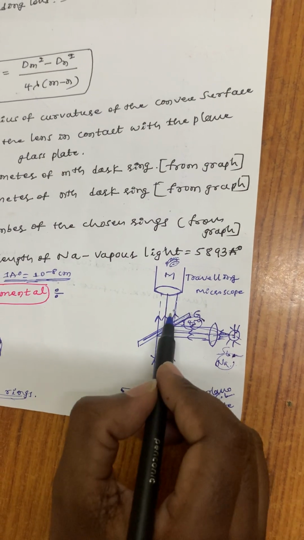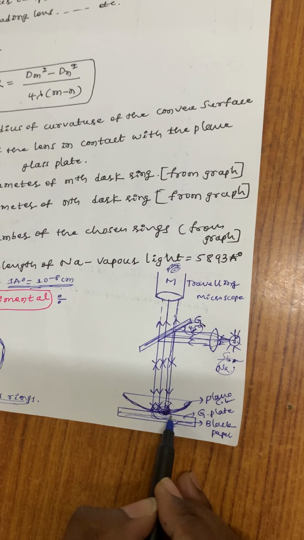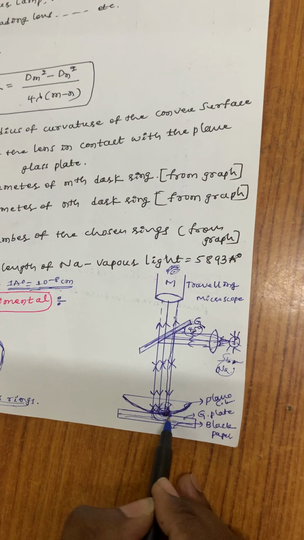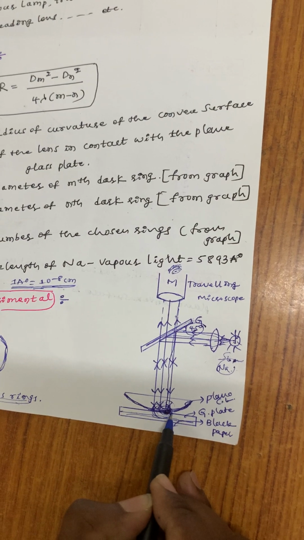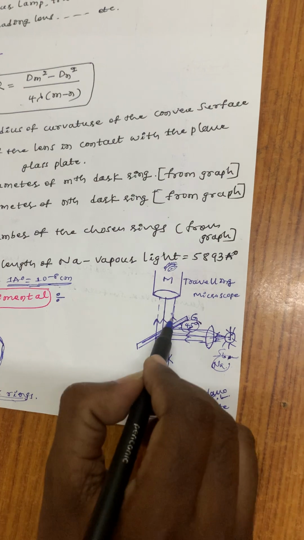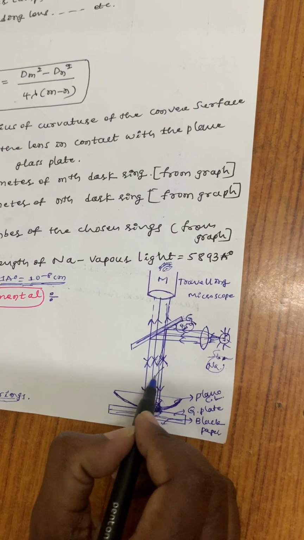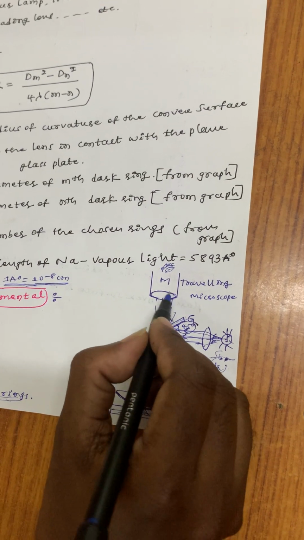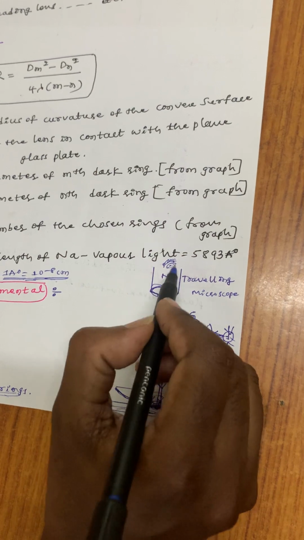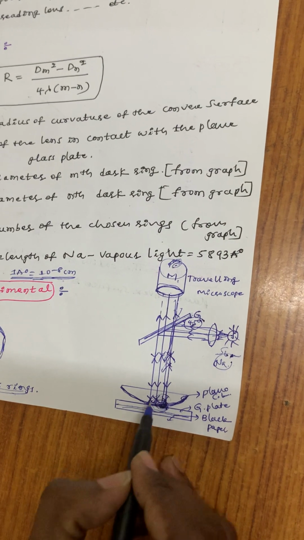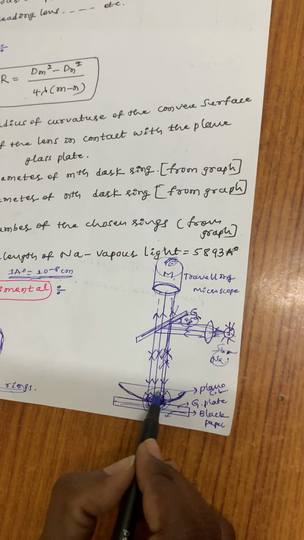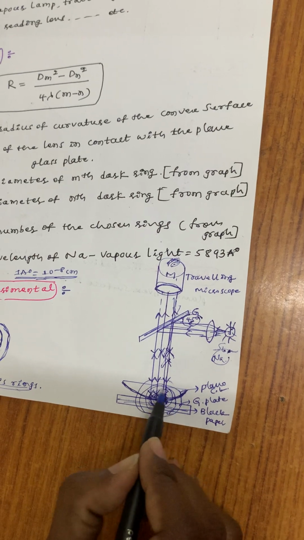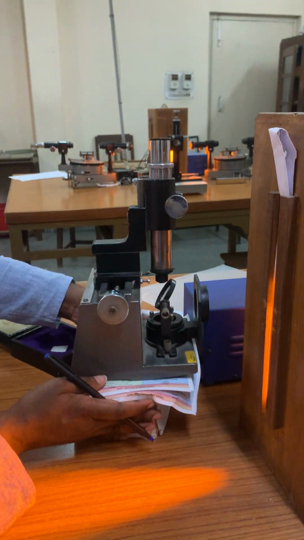Then one more ray is incident on the lower surface of the plain glass plate and reflected back. These two reflected rays we can see through the eyepiece. In this eyepiece an interference pattern happens, and interference rings are forming. So that is the experiment.